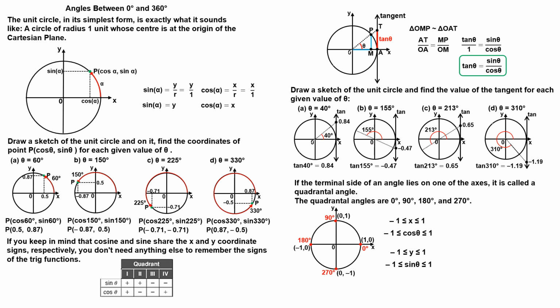Now let's find the values of the tangent at quadrantal angles. The first quadrantal angle is 0 degrees. The tangent of 0 degrees is the sine of 0 degrees divided by the cosine of 0 degrees. 0 divided by 1 is 0. Therefore, the tangent of 0 degrees is 0.